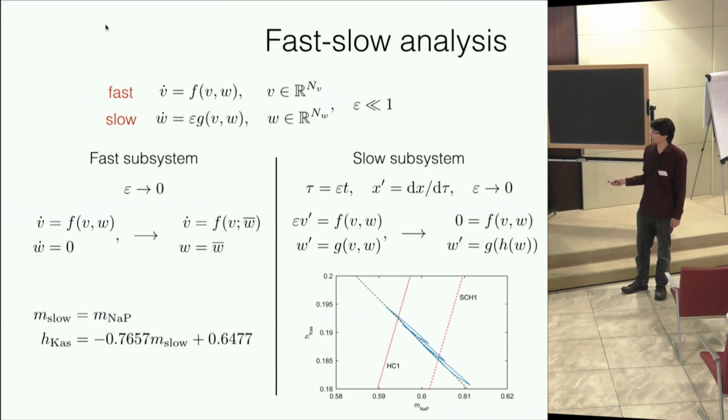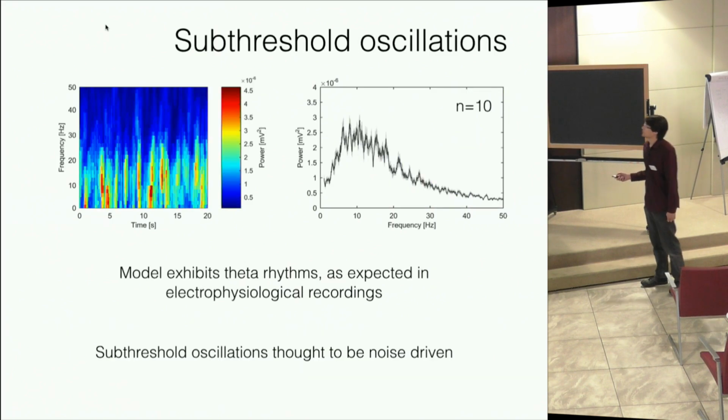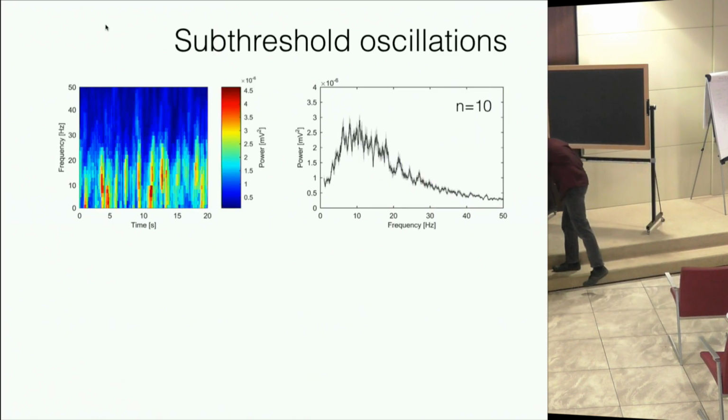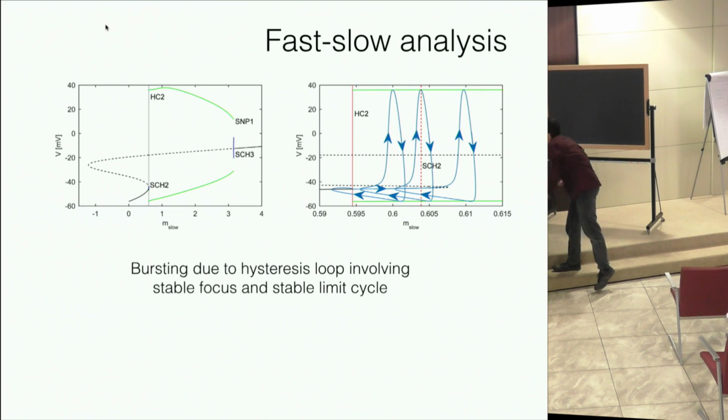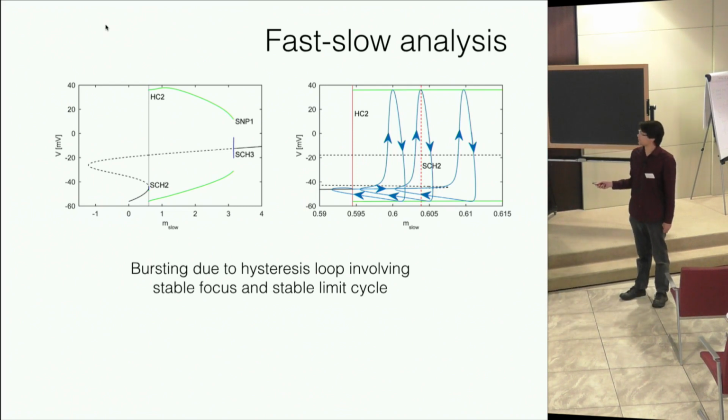So we have one slow variable that is equal to the activating gate for the persistent sodium, and then we just treat this other gate effectively as an affine transformation of that one. And when we do this, we can plot a bifurcation diagram in our fast system, and actually all of the interesting dynamics happen in a very thin line around here, which is blown up over here on the right.